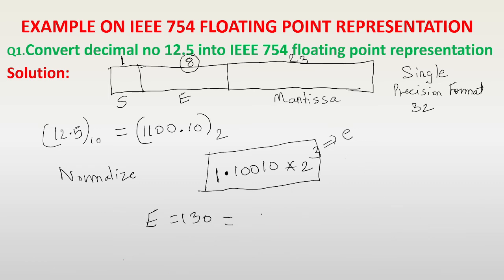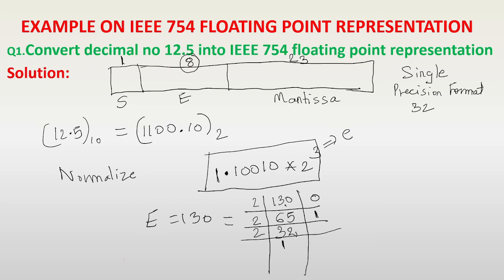When you convert 130 into binary, just do the normal division. 2 6s are 12, 2 5s are 10, 0 will come. Then 2 3s are 6, 2 2s are 4, here 1 will come. Then 2 1s are 2 and 2 6s are 12, here 0 will come. Then 2 8s are 16, here 0 will come.